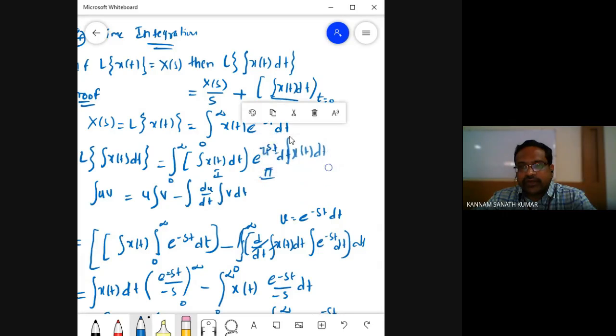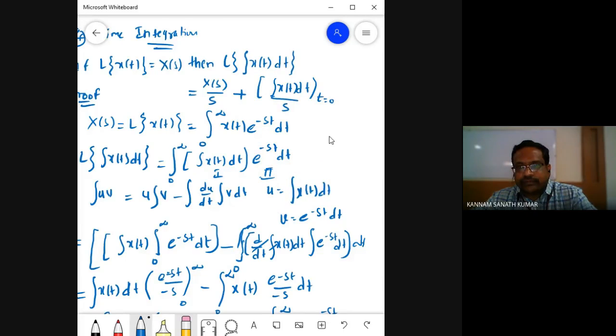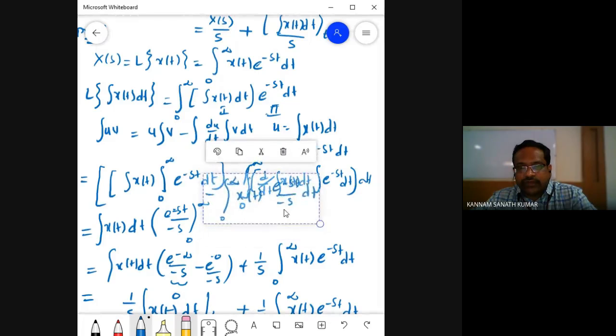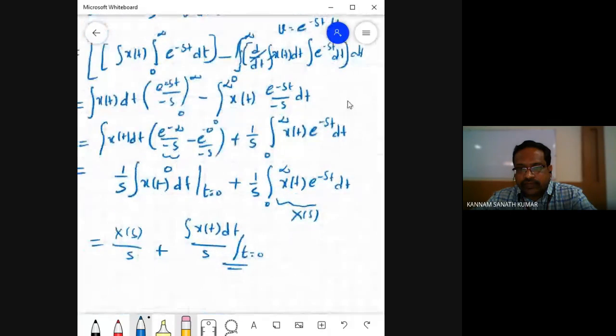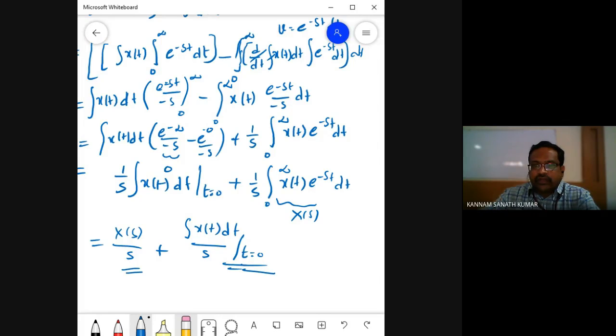So you got the same relation. The Laplace transform of integration of x of t equals x of s by s plus integration of x of t dt by s at t equal to 0. So in the proof you got the same relation. Is the proof okay?